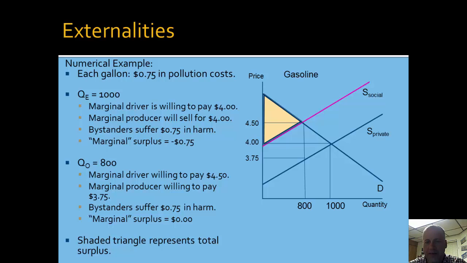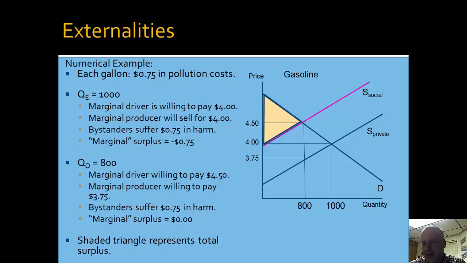When the market is left to function on its own, the marginal driver, the one who consumes the 1,000th gallon of gas, is willing to pay $4, and the marginal producer will sell it for $4. The bystanders suffer 75 cents in harm due to that last gallon being consumed. So the marginal surplus then of the 1,000th gallon is minus 75 cents.